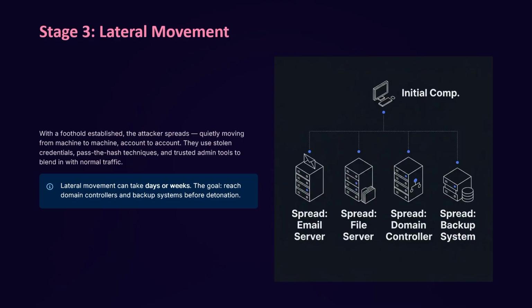They move across the network to critical systems, email servers, file servers, domain controllers, and even backups. They are not just exploring, they are preparing. They are making sure that when the attack finally hits, it hits everything. And this stage can last days or even weeks. By the time you notice, they already own your network.